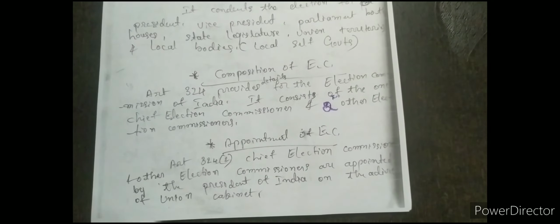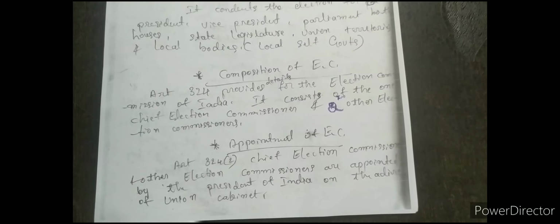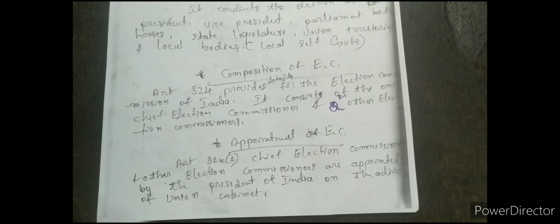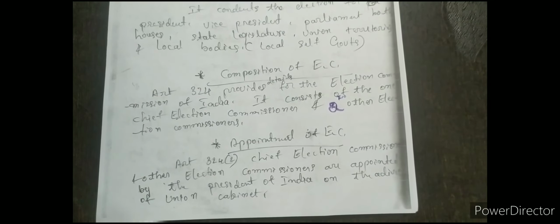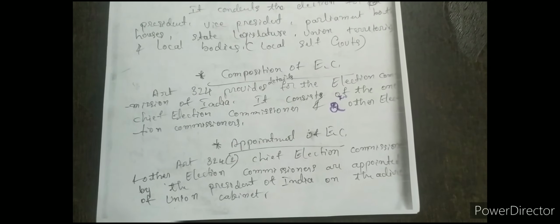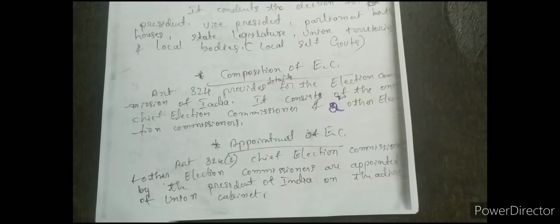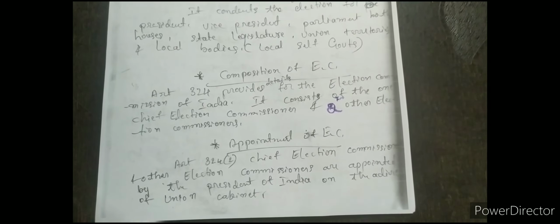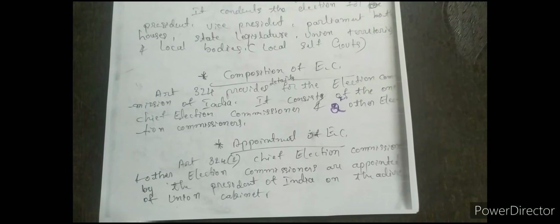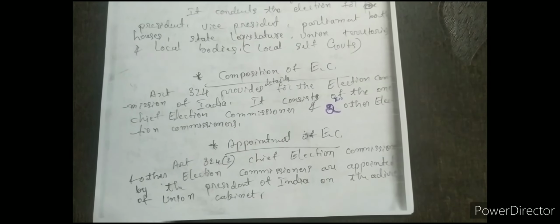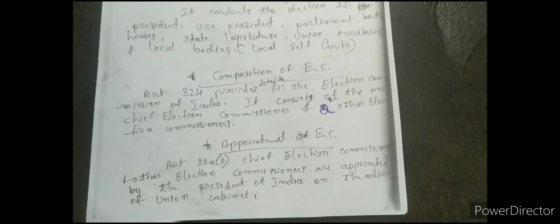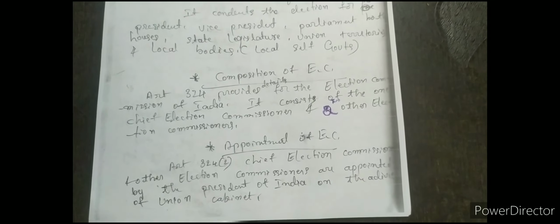Next, appointment of the Election Commission. According to the Indian Constitution, Article 324(2), the Chief Election Commissioner and other election commissioners are appointed by the President of India on the advice of the Union Cabinet, that is, the Prime Minister and the Union Council of Ministers.